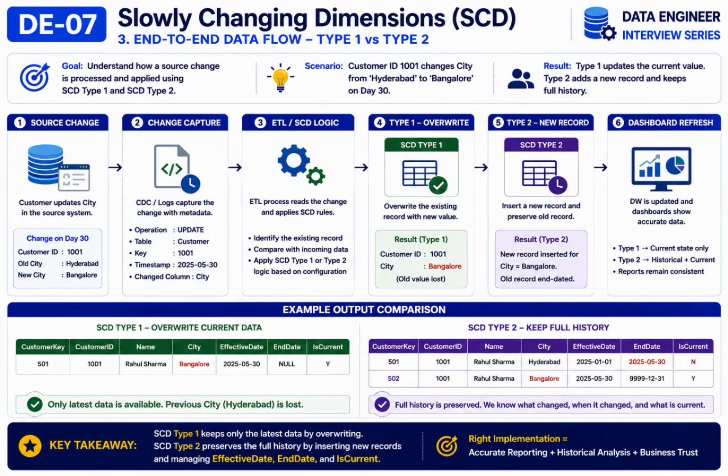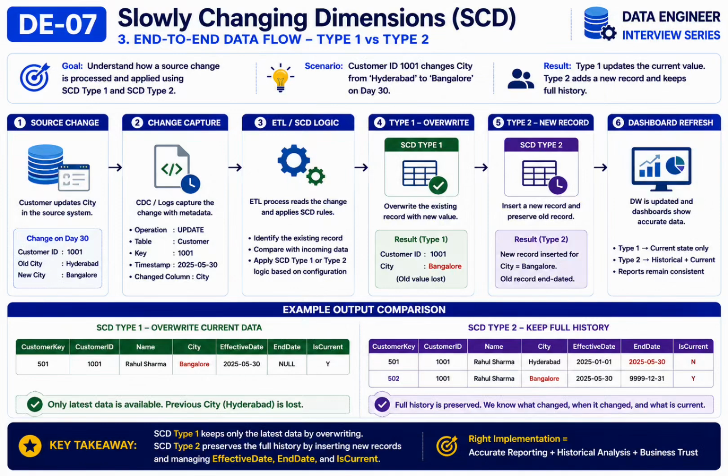So if the business has selected type 1, the existing city value is simply updated to Bangalore. The Hyderabad value disappears permanently. However, if the business has selected type 2, the ETL process does not overwrite the old record. Instead of that, it closes the previous record by updating the end date and current flag.